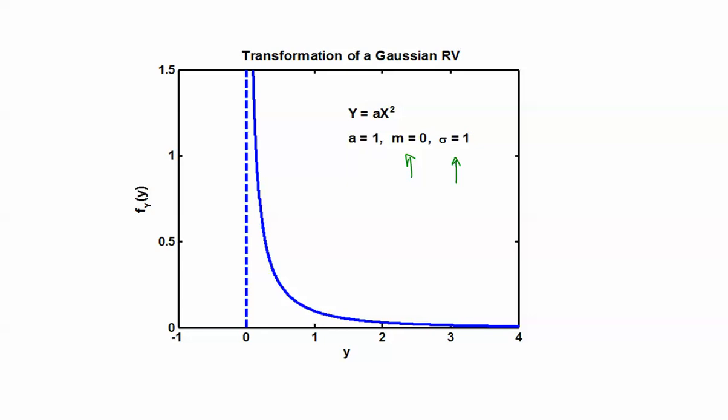Here I just assume sigma is 1, and I let a equals 1. All right. So what we see is that y is always positive. Y is always positive, has no value less than 0. And then it does shoot off towards infinity as y approaches 0. Okay? But that's what that would look like.